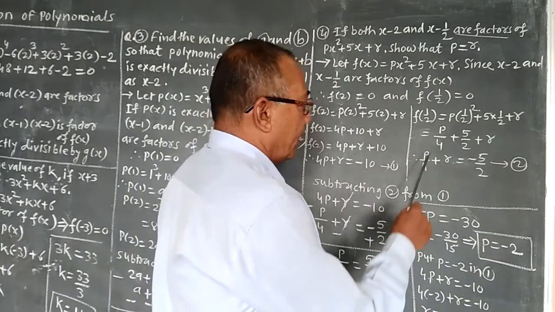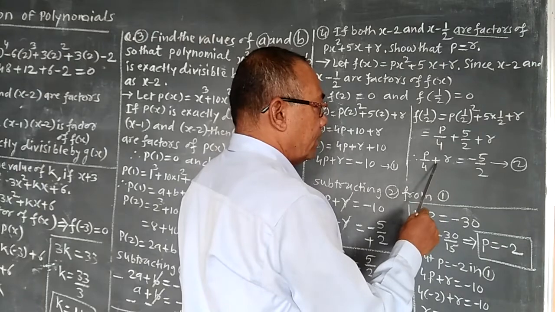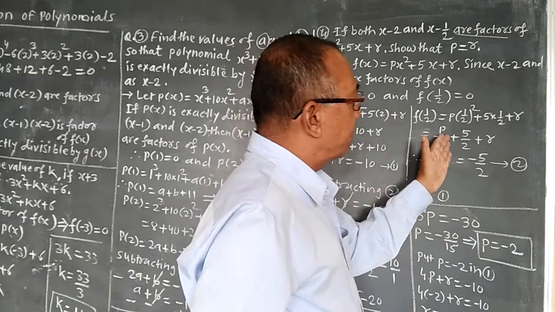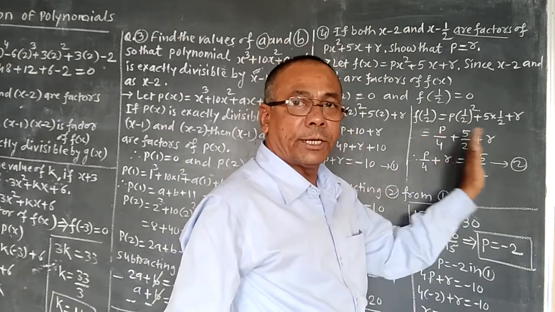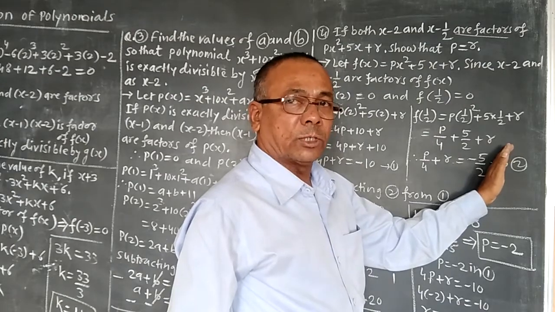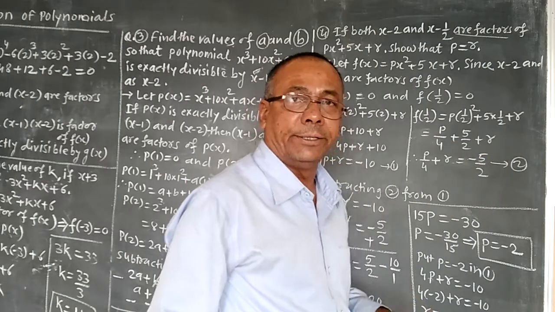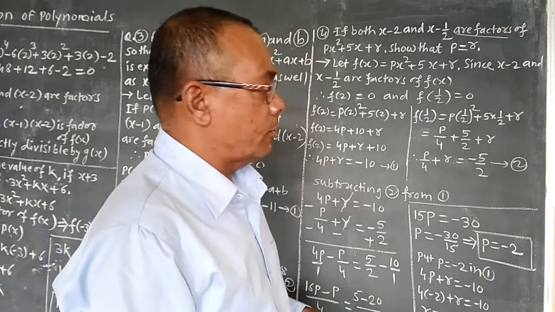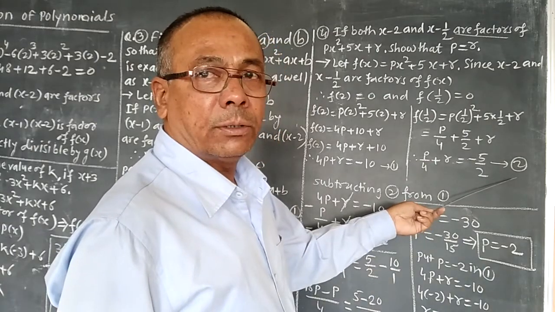Now p upon 4 plus r is equal to, plus 5 upon 2 is taken to the other side, we have to transpose it, then it will change its sign. So it will become minus 5 upon 2, and that is equation number 2.